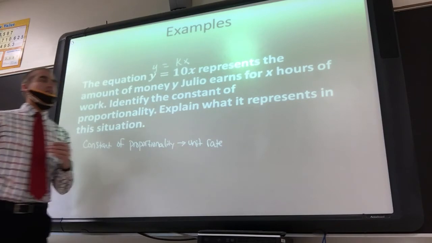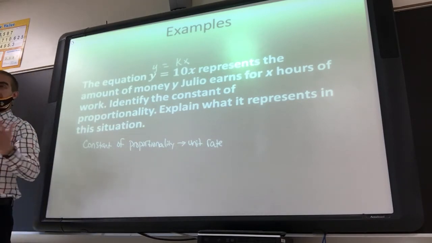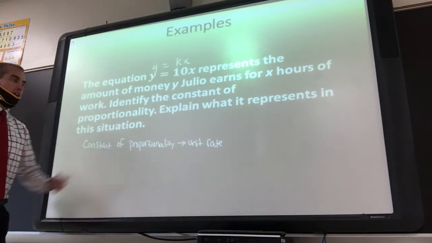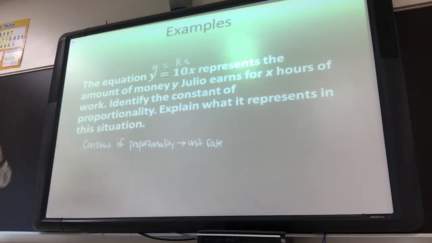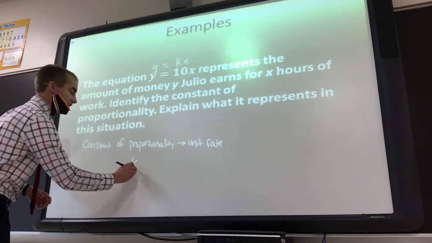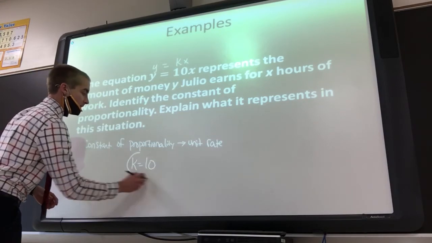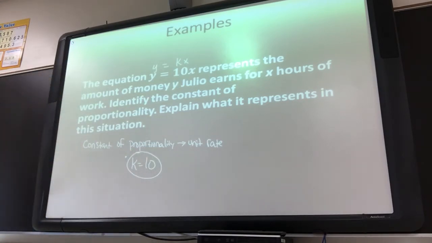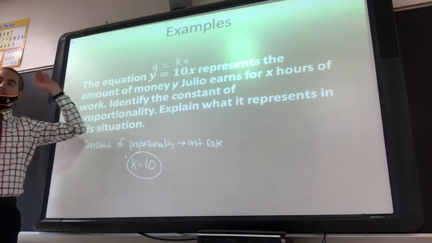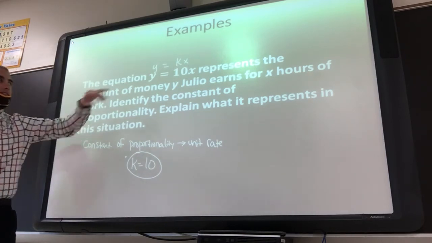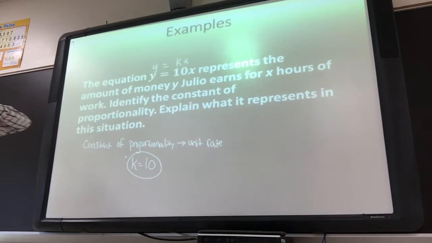So what's in the place of k? And that's it. That's the constant of proportionality. So if it says what's the constant of proportionality or what's the unit rate, we would just say k equals 10. Because that tells me that the constant of proportionality is really just k. And it's just that. So you don't have to do any work, you don't have to do any math, it's just k equals 10. And that's the number that's right in front of x.